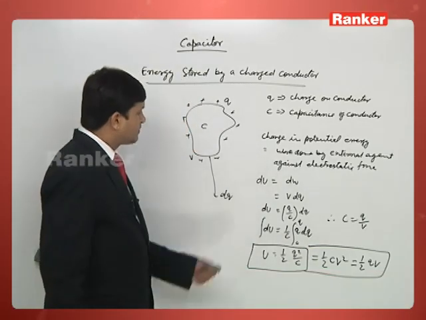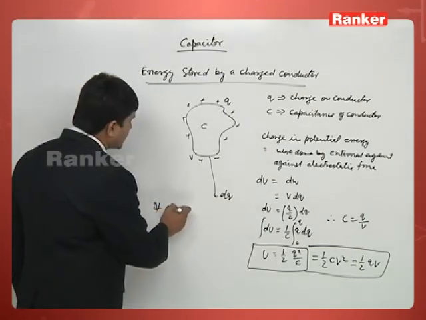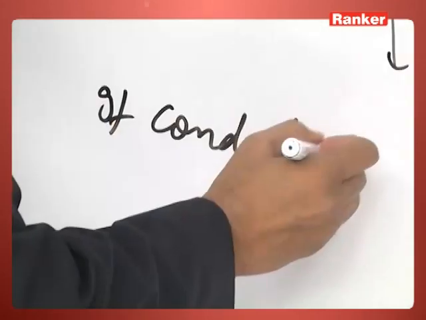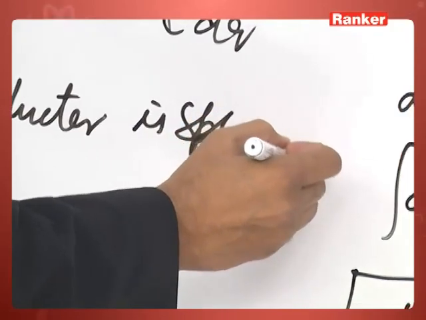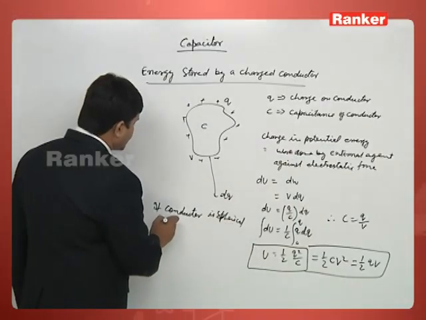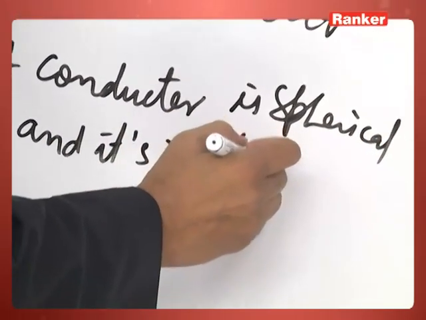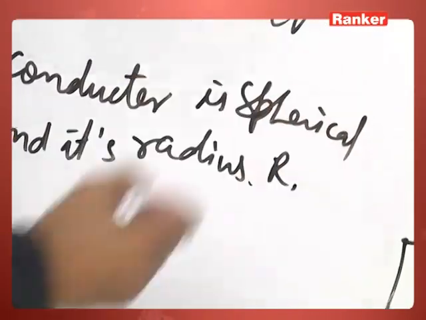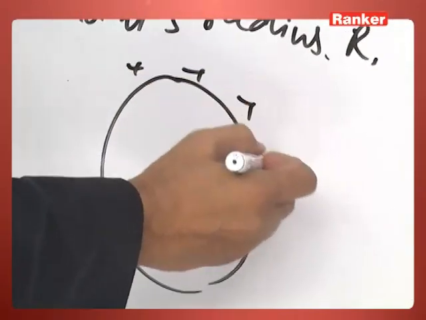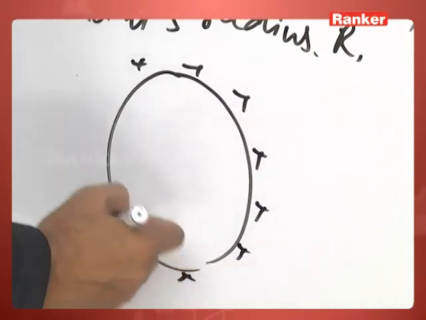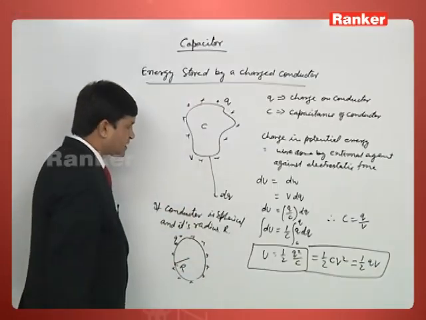Now, the same relation we can use if the conductor is spherical, with radius r, like this. This is your spherical conductor, radius r, and let it have charge q. Then we are talking about how much energy is stored.